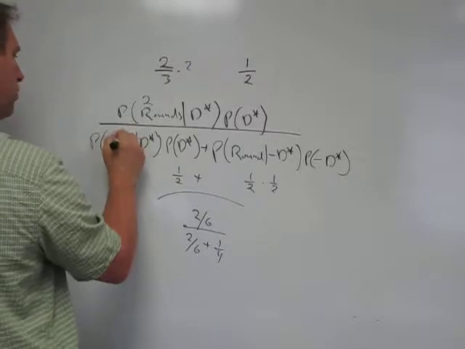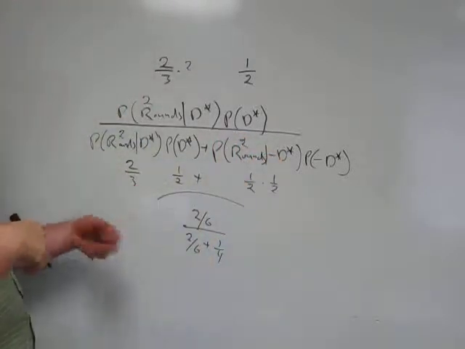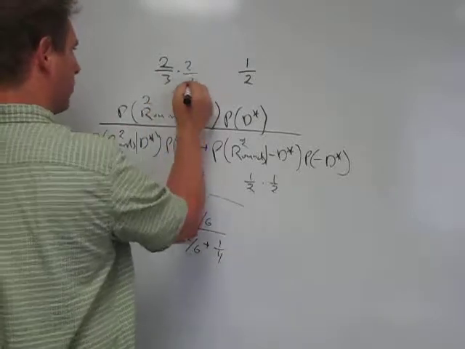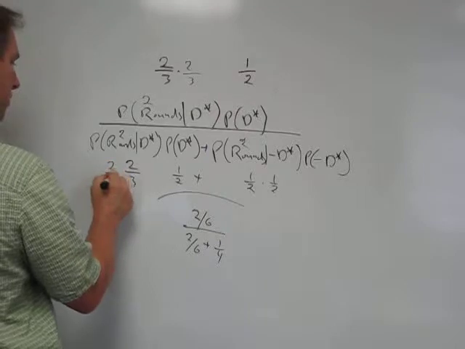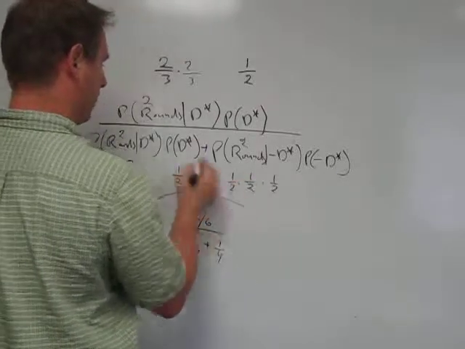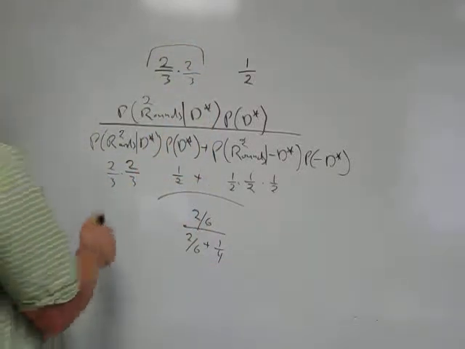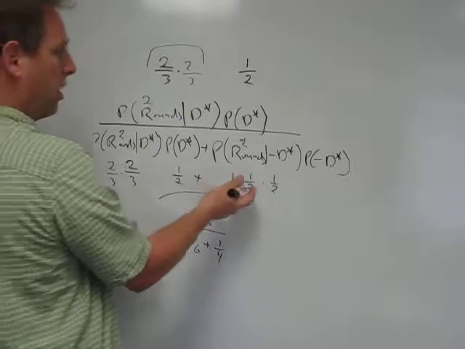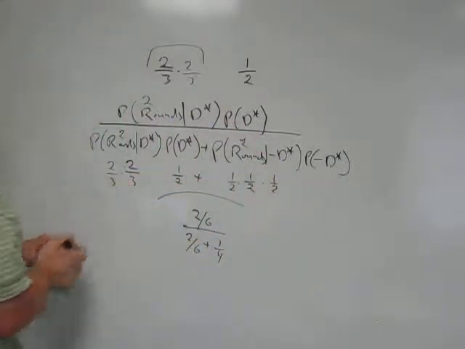This would be a round one and then a round one again, so 2/3 times 2/3 times 1/2, and then same thing down here, 2/3 times 2/3 times 1/2, and then 1/2 times 1/2. So this is the chance of observing a round P and then another round P bearing plant, given D star, and this is the same exact thing given not D star.